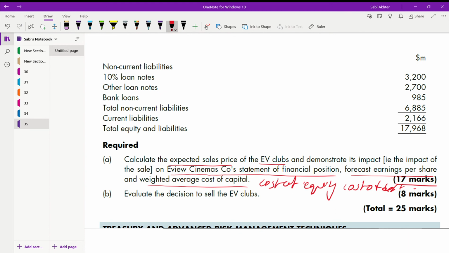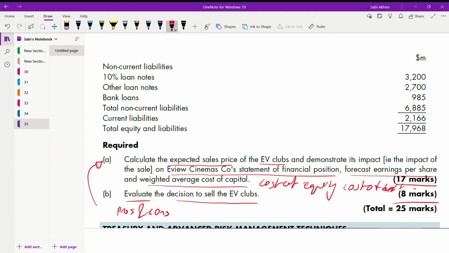4 areas. Coming to B, evaluate the decision to sell. Yes, this is a theory question, but it is linked with this. And it's for 8 marks. It looks easy, 8 marks is nothing, but it's very hard when you come to write. Evaluate means pros and cons, whether you have to sell EV clubs or not.